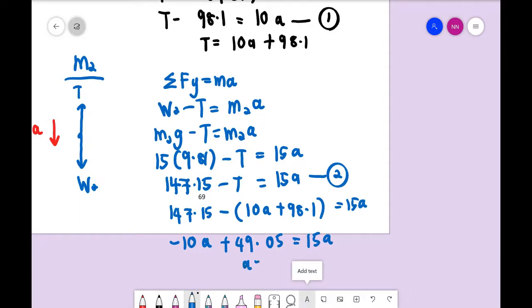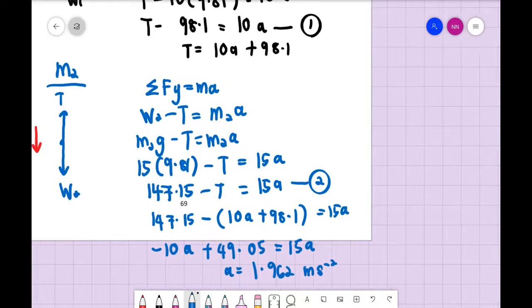Then we can get the value of A. So 49.05, divide with 25. So it is equals to 1.692 meter per second squared.